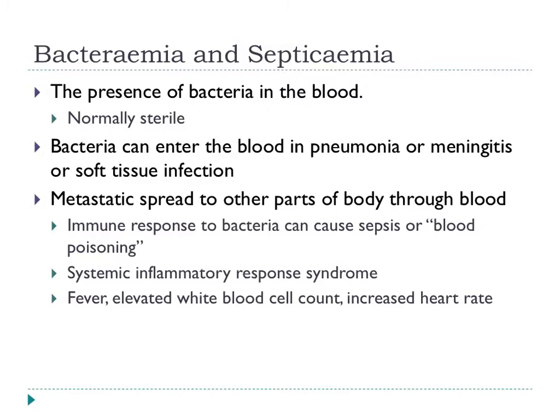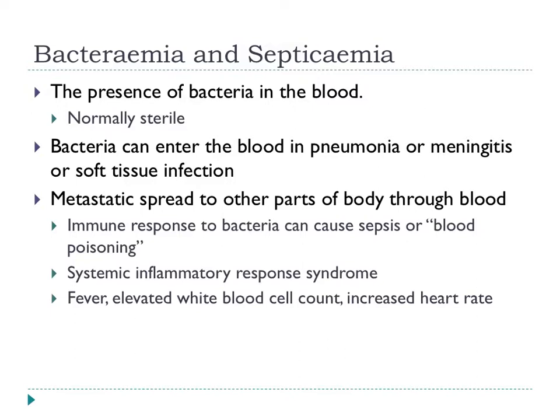So, a lot of the time when we have meningitis, we also have bacteria spilling into the blood. The blood is normally sterile, and when we get bacteria in the blood, that in itself is called bacteremia. When we get bacteria in the blood which are actually causing disease, where we're getting signs and symptoms, or where there's reasonable evidence that they're multiplying in the blood, we call that septicemia.